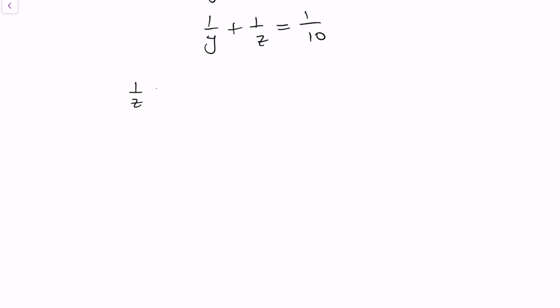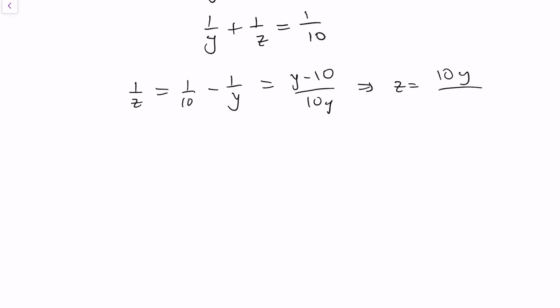So we have 1 over z equal to 1 over 10 minus 1 over y, which is equal to y minus 10 over 10y. So that implies z is equal to 10y over y minus 10, right? And we can rewrite this actually as 10 plus 100 over y minus 10, isn't it? If you cross multiply, you will see that it gives us the same expression.